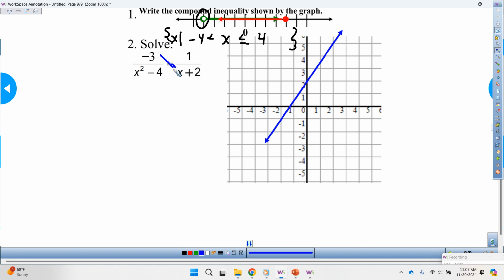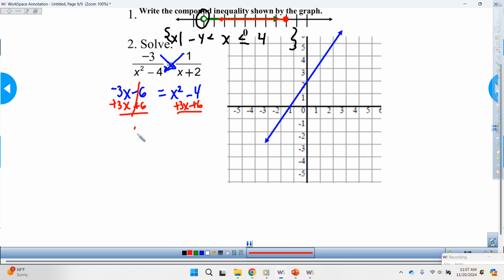Cross multiply. So we end up with -3x minus 6 equals 2x squared minus 4. So far, so good. Next step, what do I do? Plus 3x plus 6 to both sides. Plus 3x plus 6.